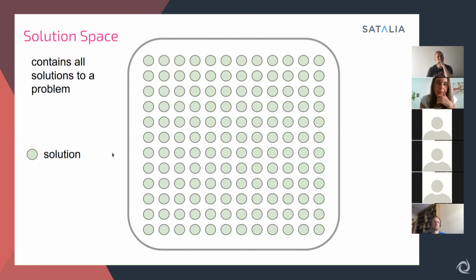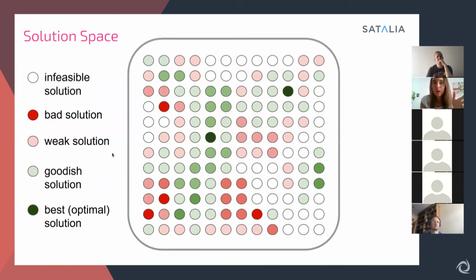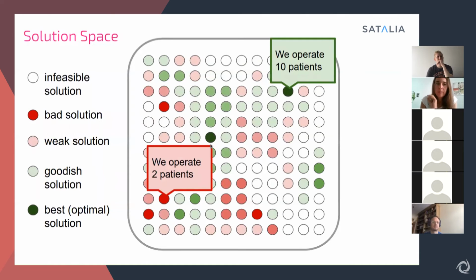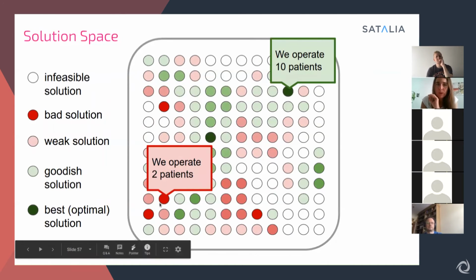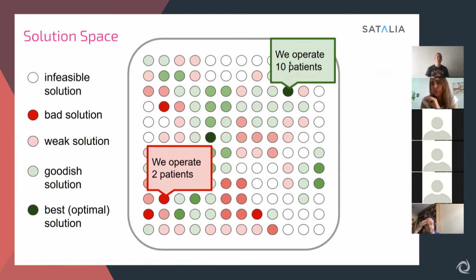Now, typically, of course, this depends on the problem, the solutions will look a bit like this. There will be some infeasible solutions, there will be some really bad solutions, and we will have maybe one or maybe several optimal solutions. If we put some context to this again, a very bad solution means we only operate, let's say, 2 patients, and the optimal solution will, for instance, say we can operate 10 patients.